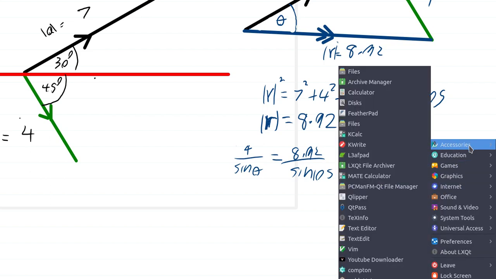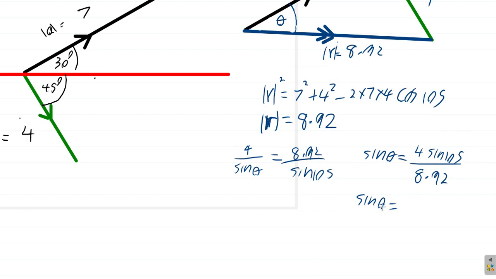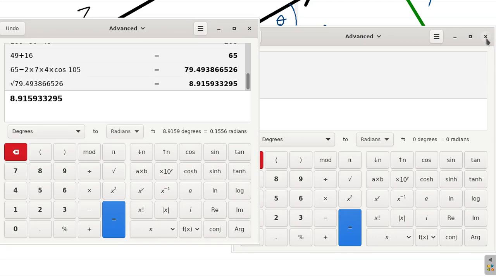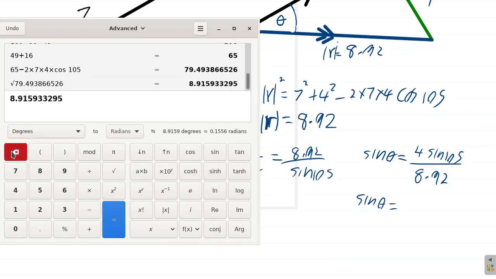And then we're going to find the sine of that angle. So we have 4 times the sine of 105 divided by 8.92, and we get 0.433.